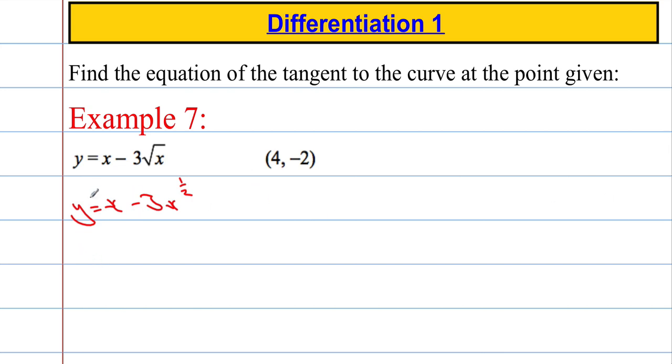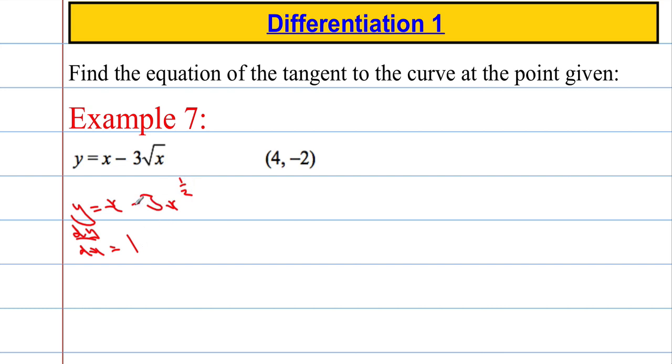Alright, so once again, let's go for the gradient function. If I want the equation of the tangent, I need the gradient function. So dy by dx will equal the derivative of x, which is 1, because the power is 1. I multiply by 1, I get 1. Drop the power to a 0. X to the power of 0 is 1. So 1 times 1 times 1, which is 1.